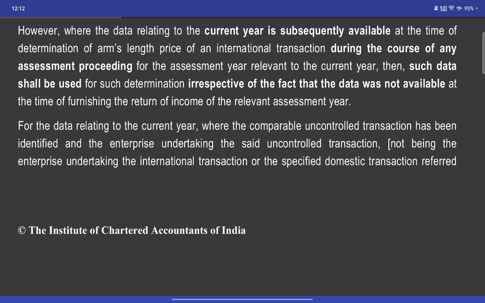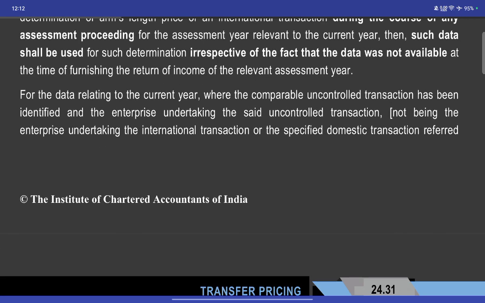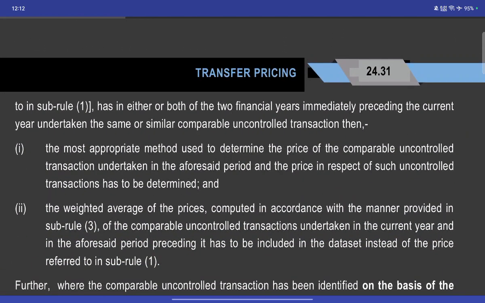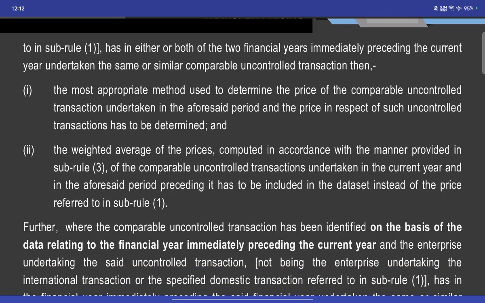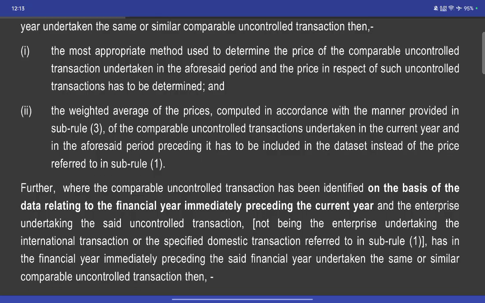For the data relevant to the current year, where a comparable uncontrolled transaction has been identified, the enterprise undertaking the said uncontrolled transaction, not being the enterprise undertaking the international transaction or specific domestic transaction referred to in the sub-rule, has undertaken in the financial year immediately preceding the current year the same or similar comparable uncontrolled transaction, the most appropriate method is used to determine the price of the comparable uncontrolled transaction undertaken in the earlier period, and the price in respect of the uncontrolled transaction has been determined.